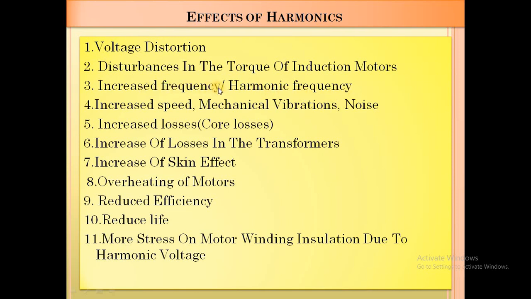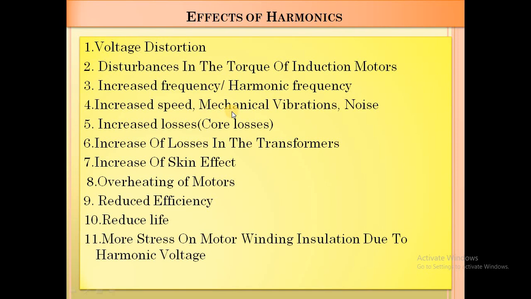How is the frequency increased, as we have seen? If the third harmonic is present, then the frequency will be 150 Hz, which is an increased frequency compared to the rated. Because of the increased frequency there will be a change in the torque, and the change in torque will cause a speed change. Next, increased speed: as the frequency increases, the speed also increases. We have seen Ns is equal to 120 f upon P. So frequency is directly proportional to speed, hence as frequency increases, speed also increases.